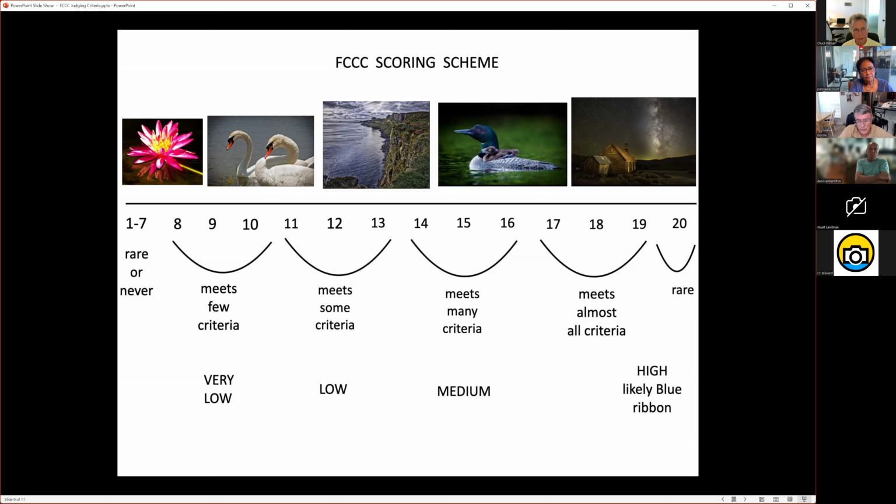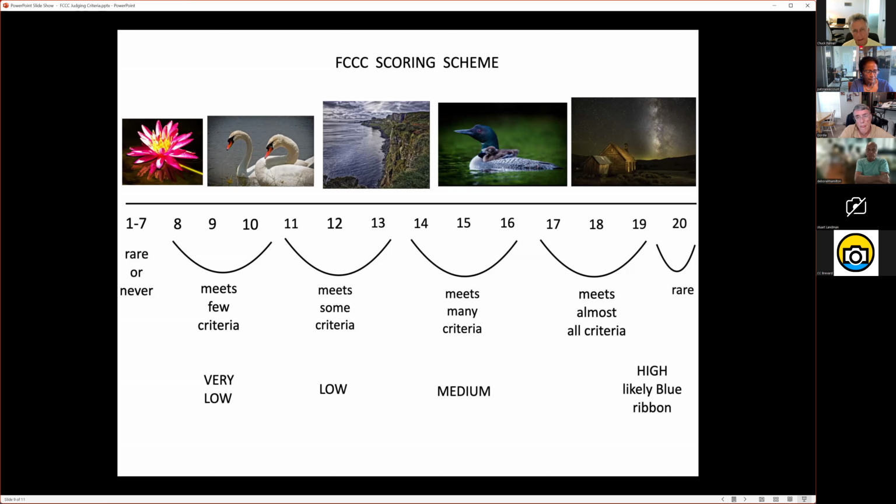They kind of force the ribbons into 25% of the photos submitted. The way they do that is blue ribbons are 5%, red ribbons are 5%, white ribbons are 5%, and then yellow ribbons are 10%.